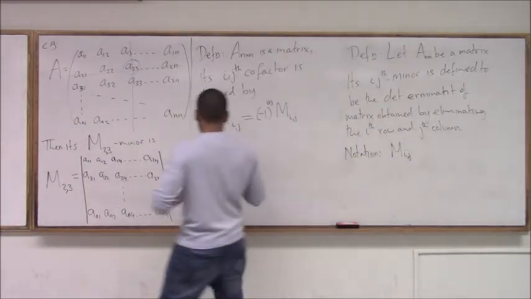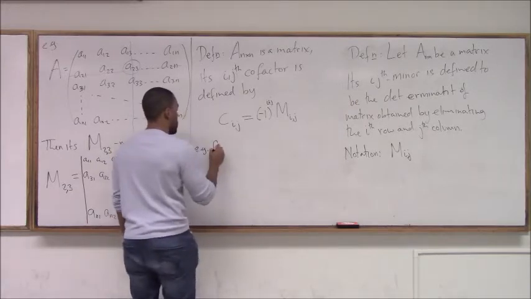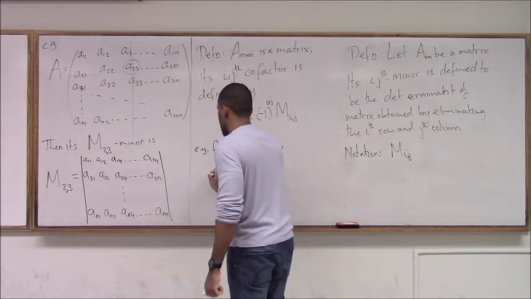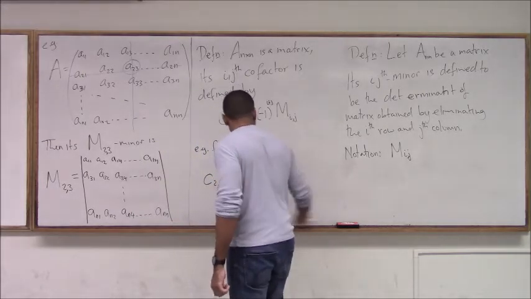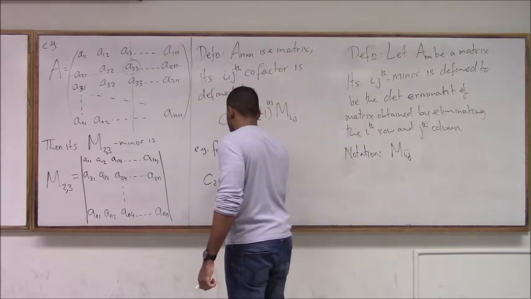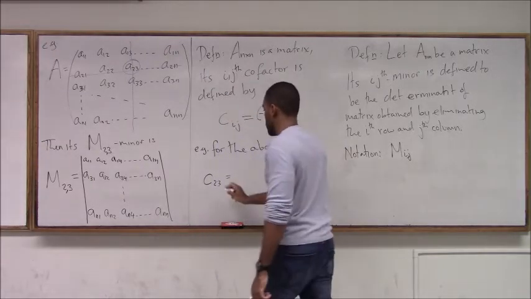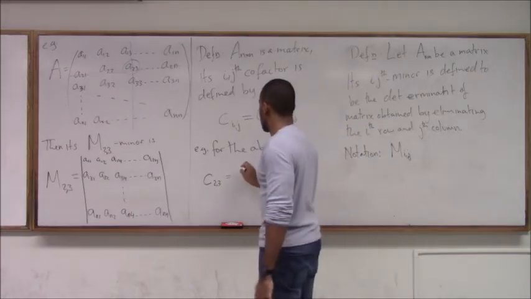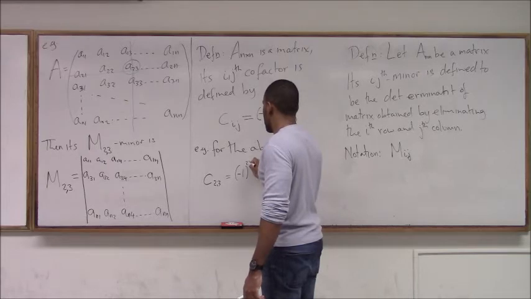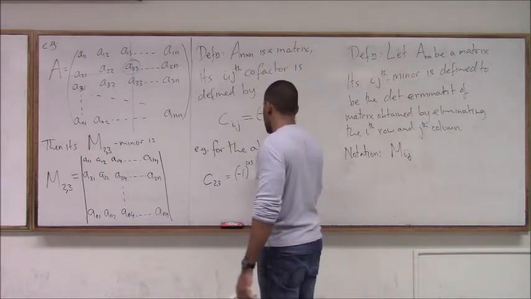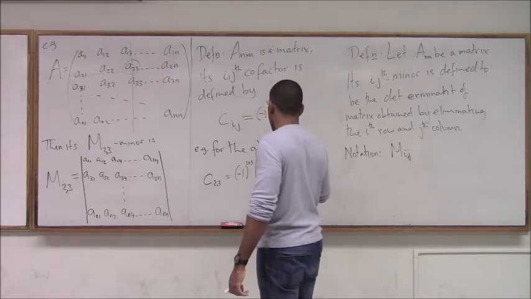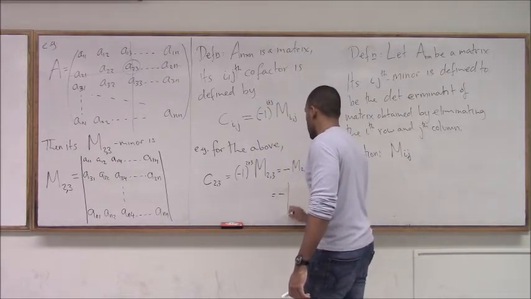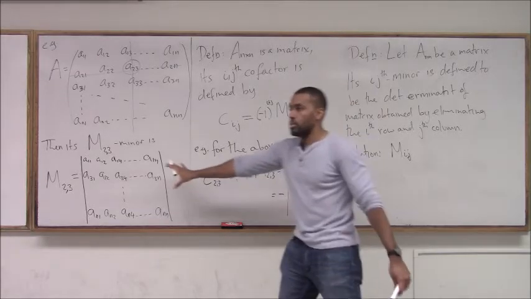So in an example here, for the above, C23, or you can put a comment here if it's ever unclear, is going to be -1 to the 2 plus 3, which ends up being -1 times n23. Or in other words, here it would be the negative of n23. In other words, it would be the negative of that matrix I had here.